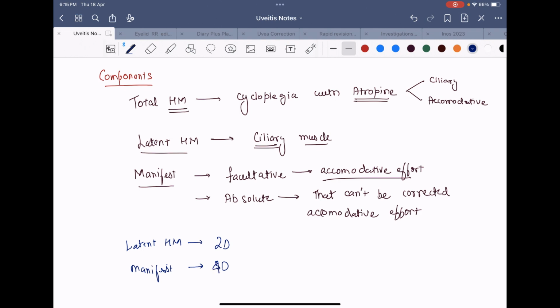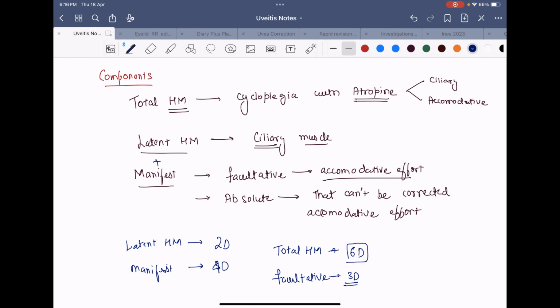So what would be the total hypermetropia? The total hypermetropia in this case would be latent plus manifest, so that would be 6 diopter. They have also told us that we have a facultative hypermetropia here. The facultative hypermetropia here is 3 diopter.